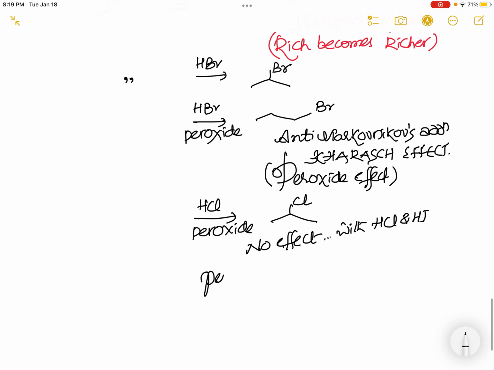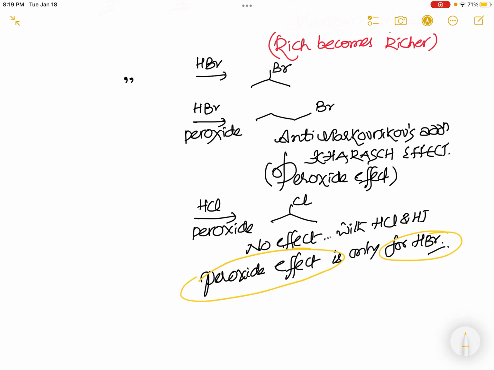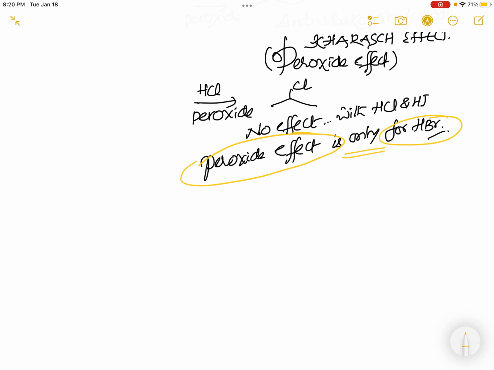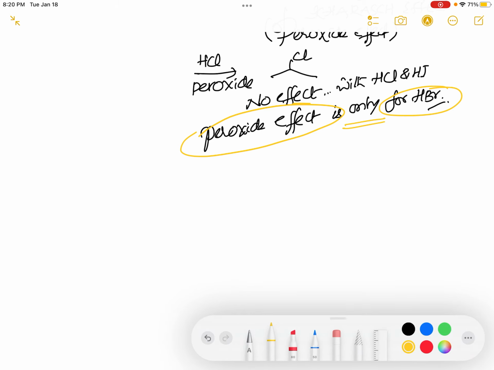So the peroxide effect is only for HBr. One very important statement you can remember: the peroxide effect is only for HBr, not for HCl, not for HI. In both those cases, it does not have any effect. Questions can be asked like this.